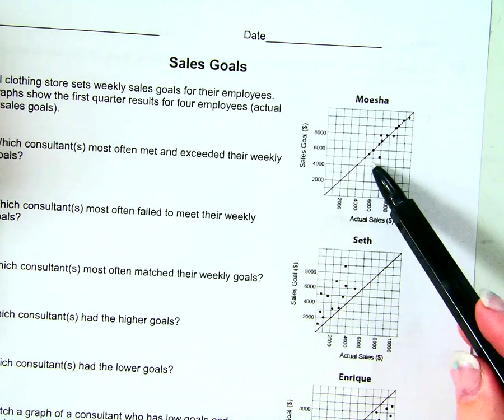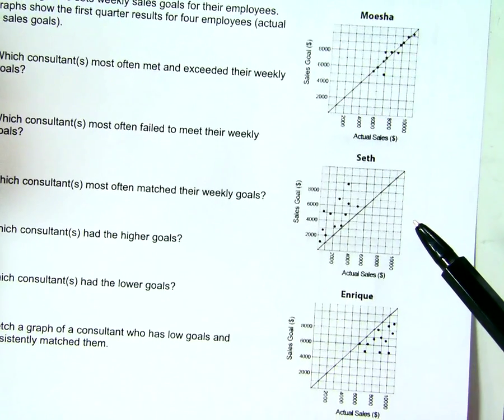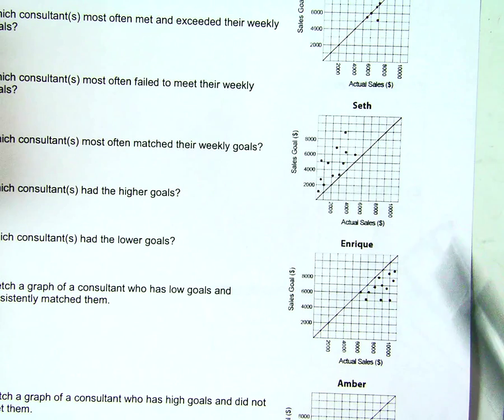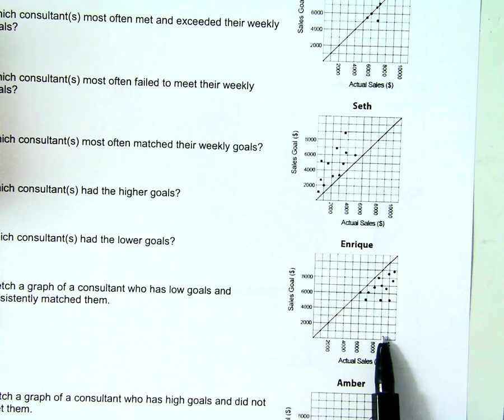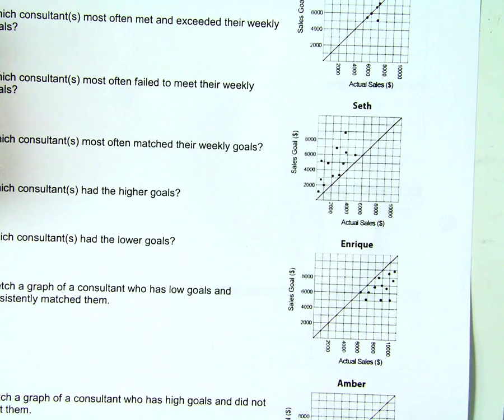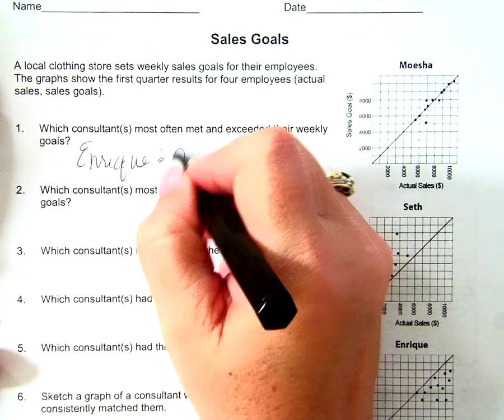On met is on the line, but where is exceeded? Underneath it, right? Met or exceeded is underneath because their actual sales was here and their goal was here. So they met it or exceeded their goal. Okay? So who's it going to be? Enrique? And Amber. Good job, Amber.